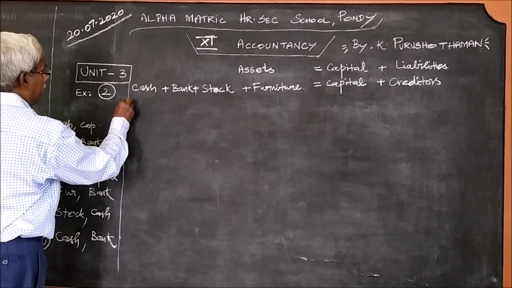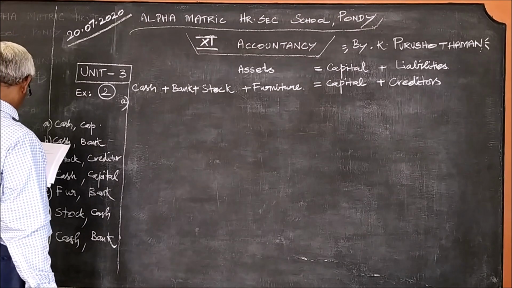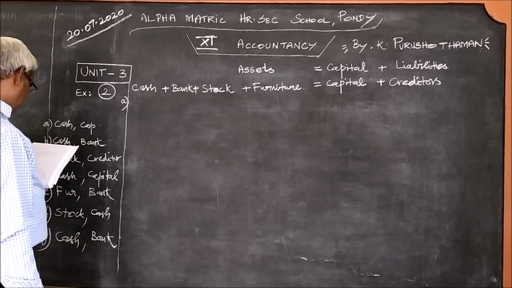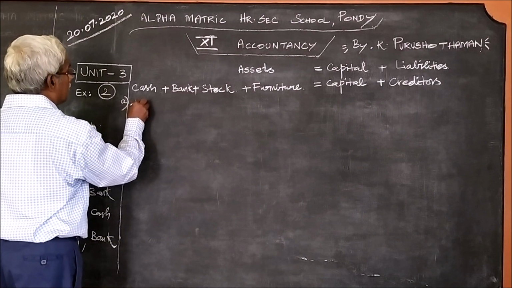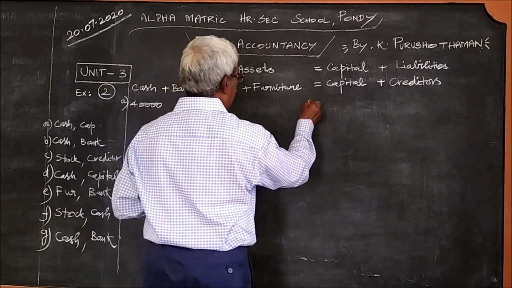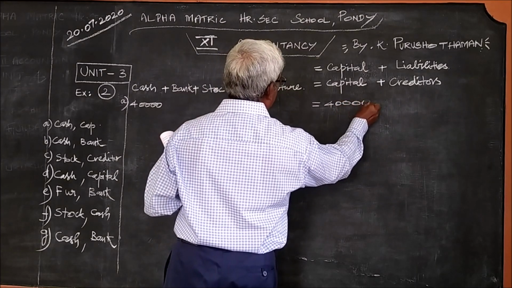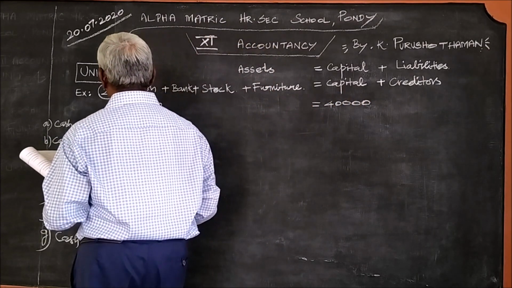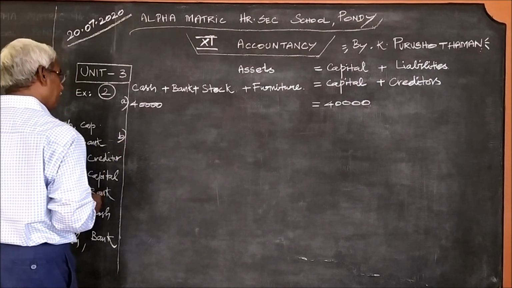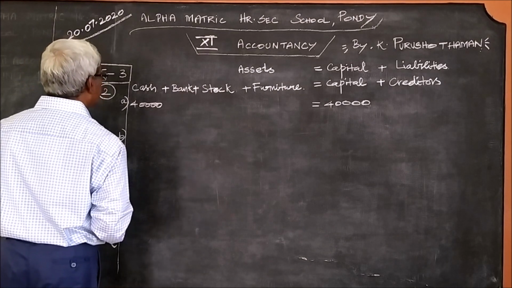So, A subdivision. Raj started business with the cash 40,000. You put under cash 40,000. Since the amount is invested into the business, it is capital, so 40,000. Then again, B, opened bank account with a deposit of.